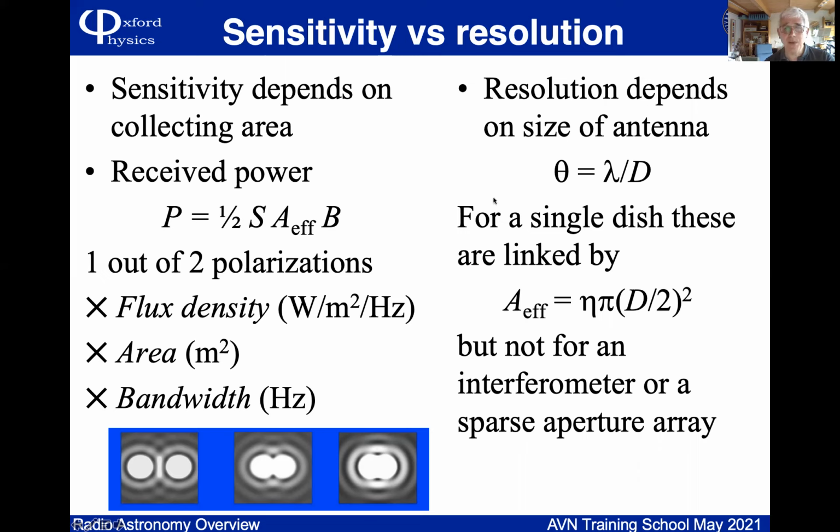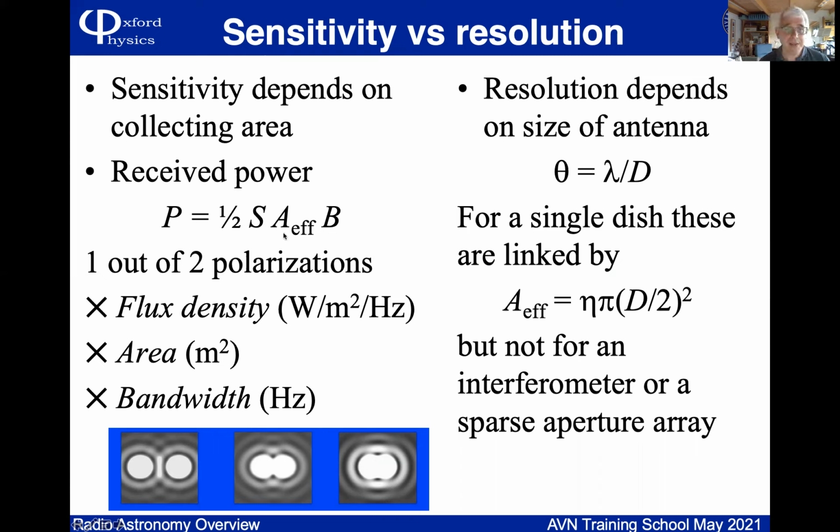Now, for a single circular antenna, obviously these two things are tightly linked. So the area is given by the size. It's the area of the circle times some efficiency. But it's worth remembering that's only true for single dish telescopes. So if you're thinking about an interferometer, for example, the D that's relevant to an interferometer is the distance between the antennas, which can be very large.